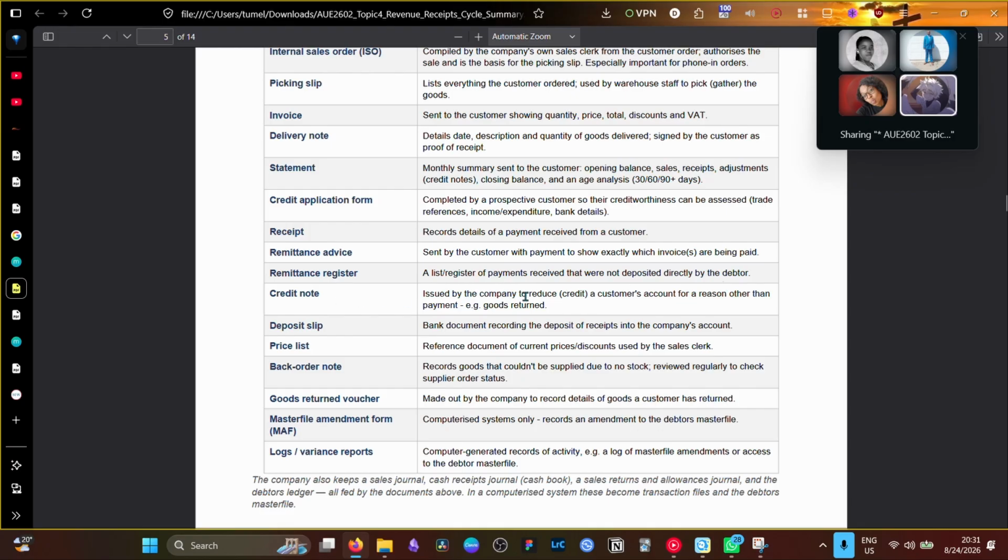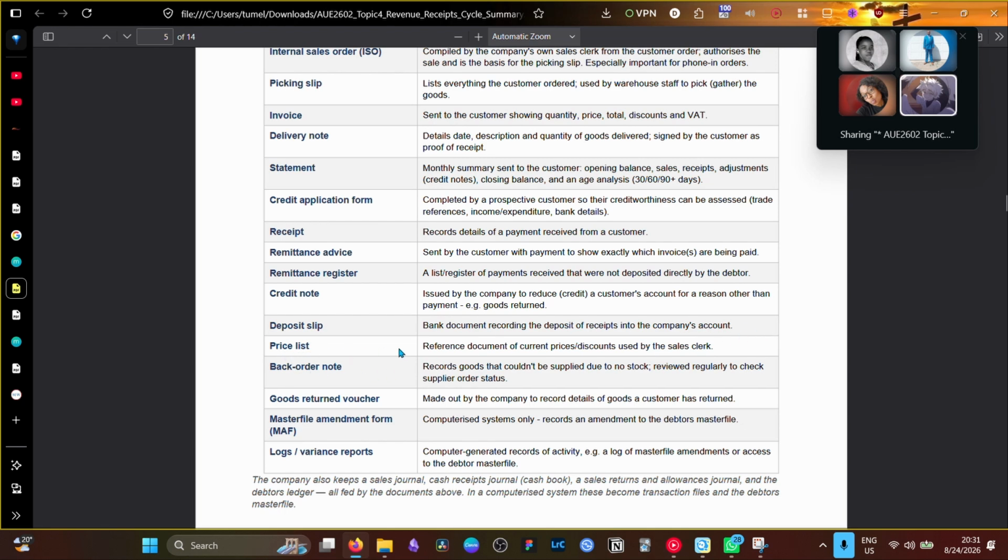Credit note, issued by the company to reduce a customer's account for a reason other than payment, which, for example, could be goods returned, right? So we return goods to them. Deposit slip, bank document recording the deposits of receipts into the company's bank. So these are some of the different ways we could be paid.